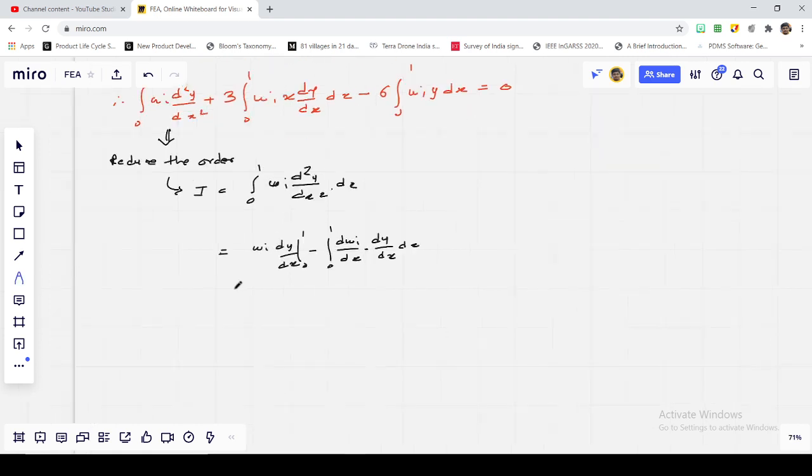So we will be substituting this into equation 1. So in equation 1 we will just try to substitute this, and we will try to keep this on the left hand side.